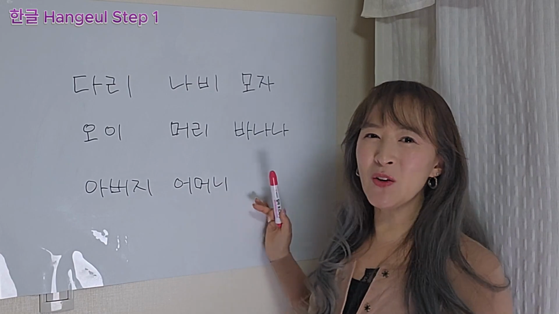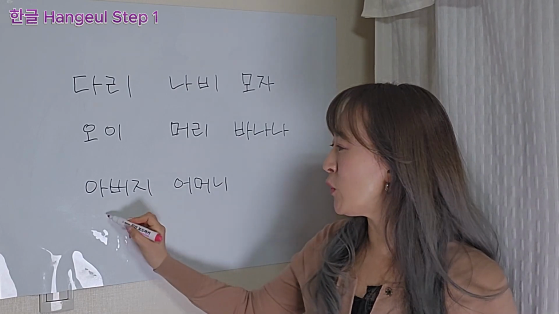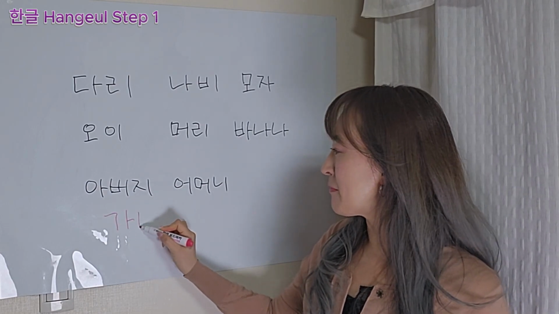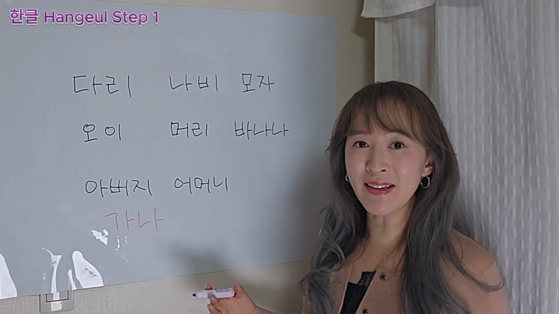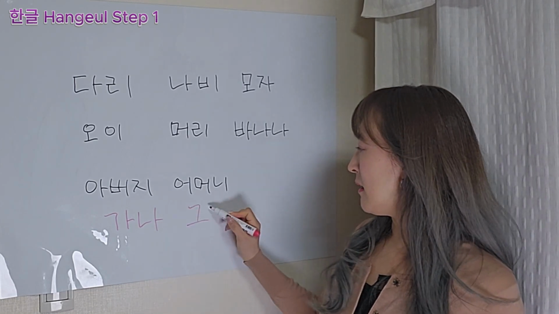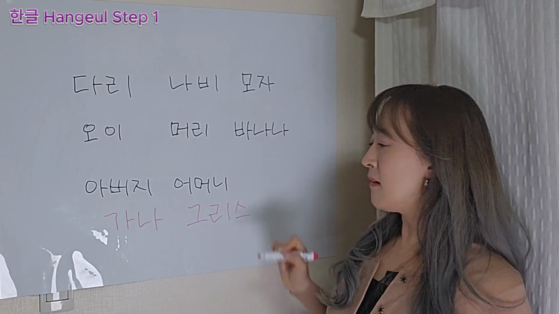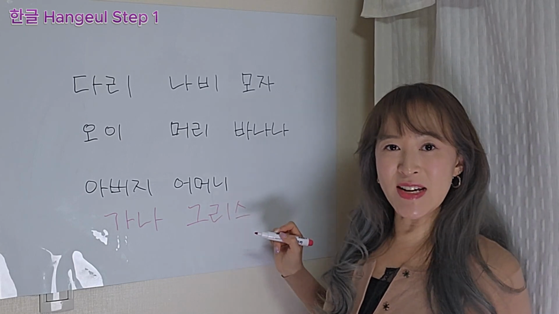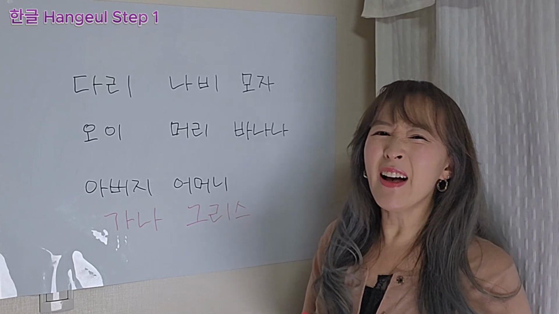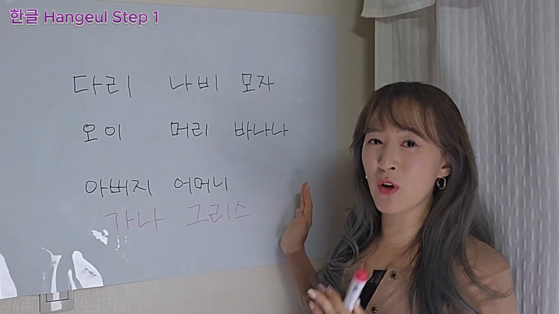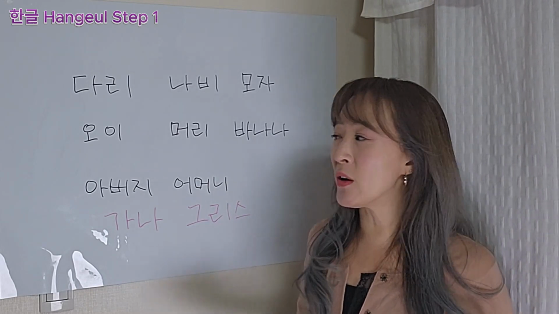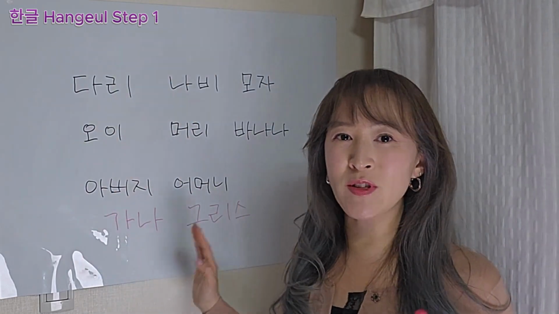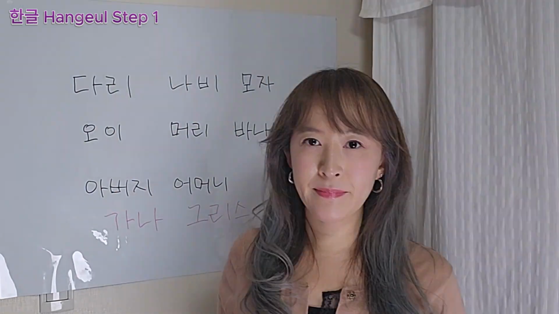And there's so many other words, like for example, if you want to write Ghana, the country, Ghana. Greece, Greece, right? So even just with these very basic vowels and consonants that we learned today, you can already make so many words and read so many words.